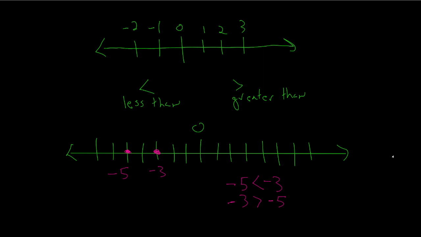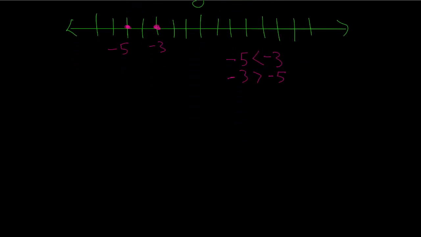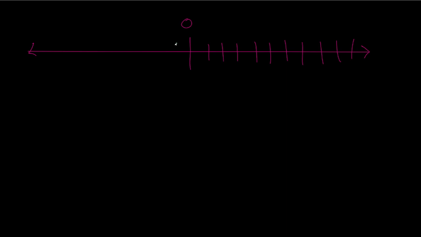Now, position gives us another idea, which would be distance, or how far you are from the origin. So I'll look at 3 and -3.